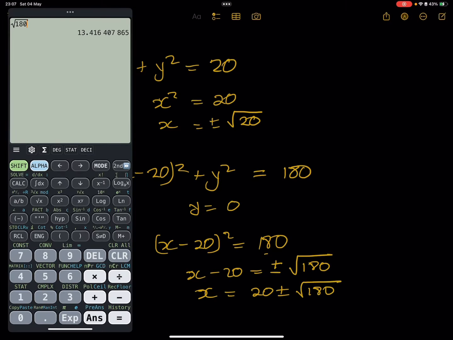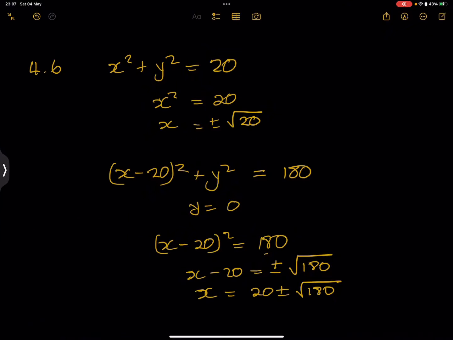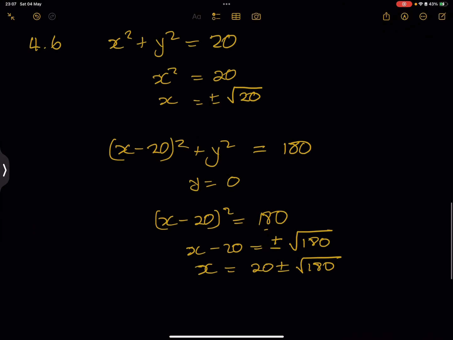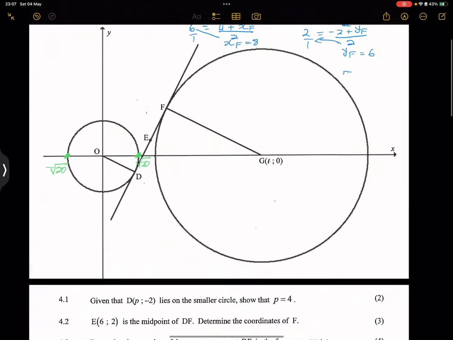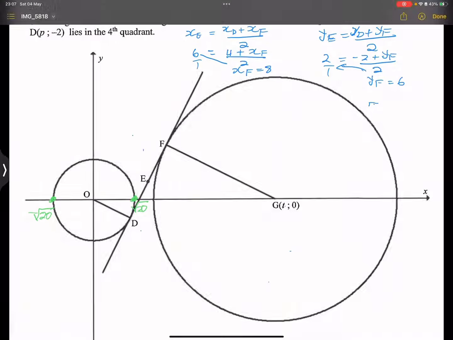In this case, those would be my x-intercepts for the big circle.